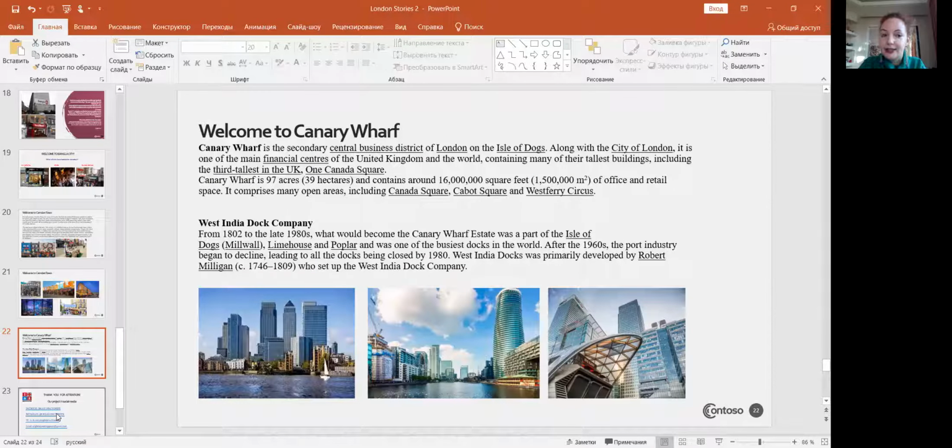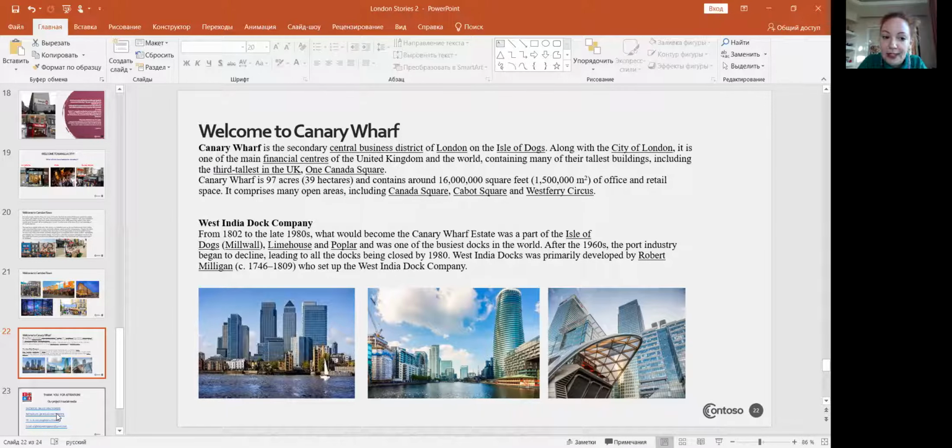And the last thing for today is Canary Wharf. So Canary Wharf is the secondary central business district of London on the Isle of Dogs. Along with the City of London, it is one of the main financial centers of the United Kingdom and the world, containing many of their tallest buildings, including the third tallest in the UK, 1 Canada Square.